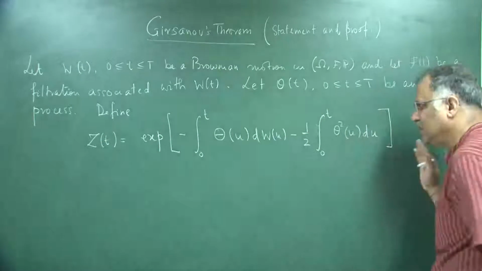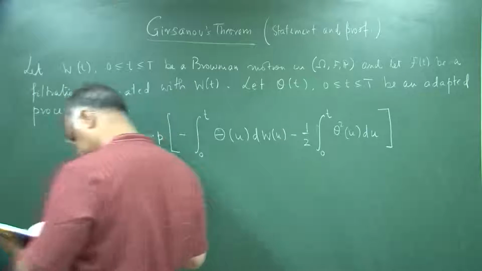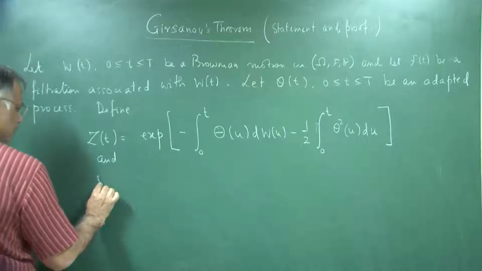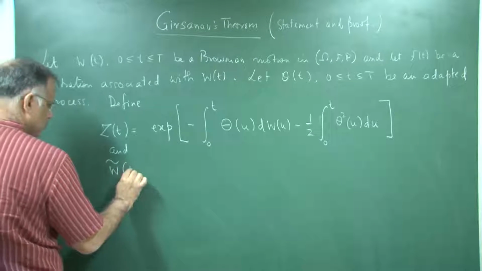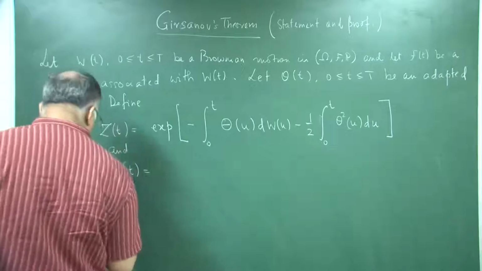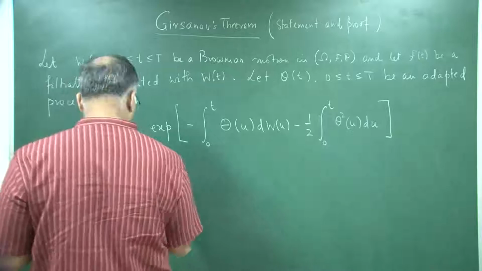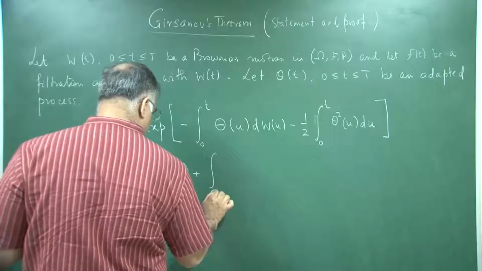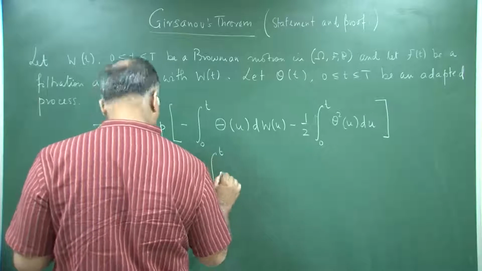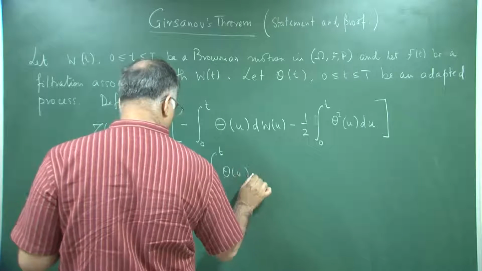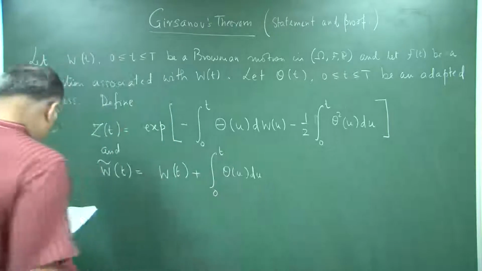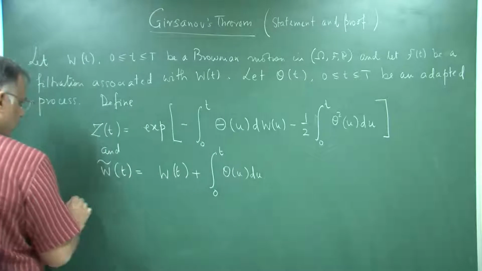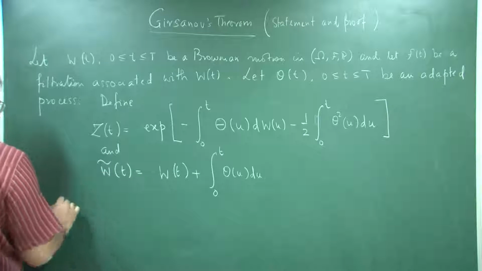So, we define this and we also define a new process from the Brownian motion, which is given by Wt plus addition of the integral. So, we essentially have to show that this is a Brownian motion.